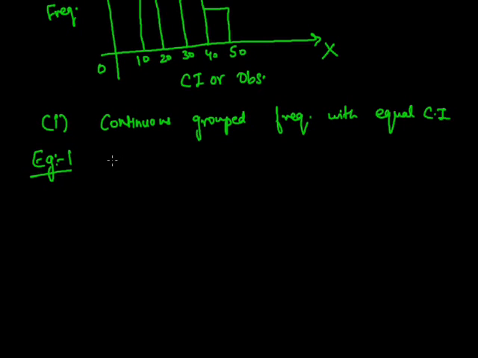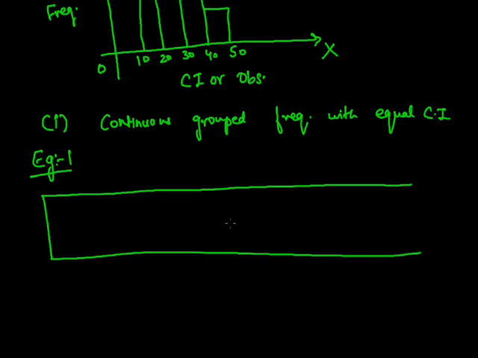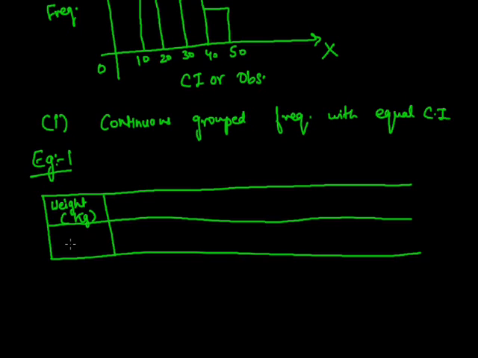So first we'll write down the problem. Then accordingly we'll see how to make the histogram. So this is given as weight in kgs and accordingly number of persons.